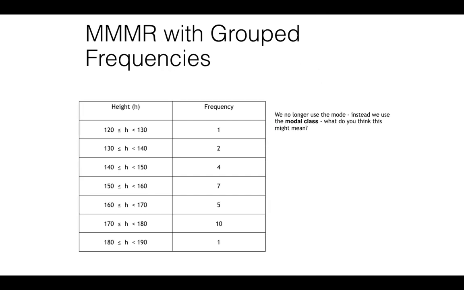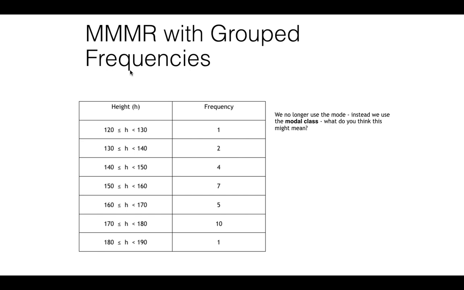So instead of using the mode, we now use what we call the modal class. So have a think, what do you think modal class would mean? We know what the class is, the class of these here. So which one's the modal class?